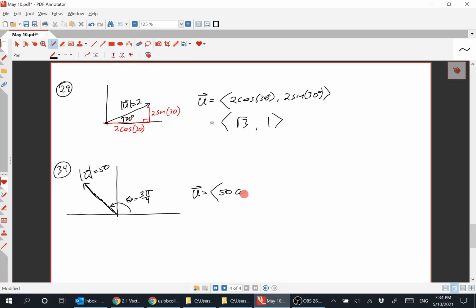So it's just 50 cosine 3 pi over 4, comma 50 sine 3 pi over 4. So that is minus 1 over root 2. And this is just 1 over root 2.